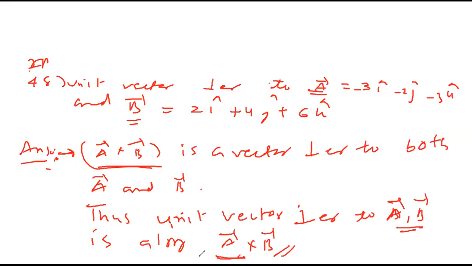Please copy these 3 lines. And anybody who is not understanding, please keep on disturbing and asking again and again. Unit vector perpendicular to a bar and b bar is along a bar cross b bar. Written?